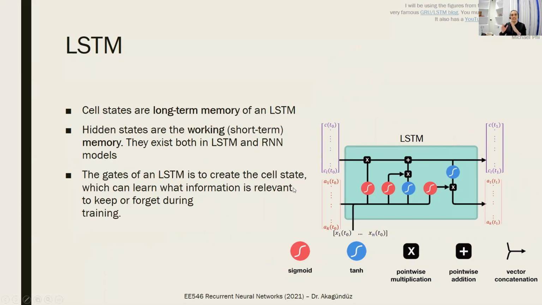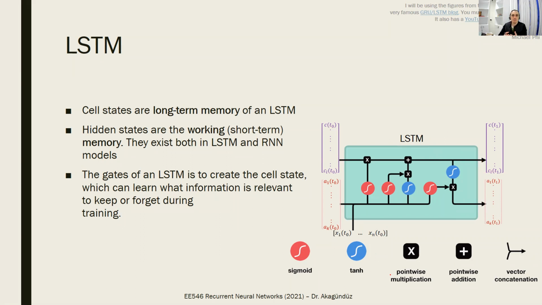Good. So just like we said, cell states were designed to be the long-term memory of the LSTM, and hidden states were designed by Schmidhuber and Hochreiter to be the short-term memory of the LSTM. That's why this is called long short-term memory. Long-term memory indicates the cell states, and short-term memory indicates the hidden states.